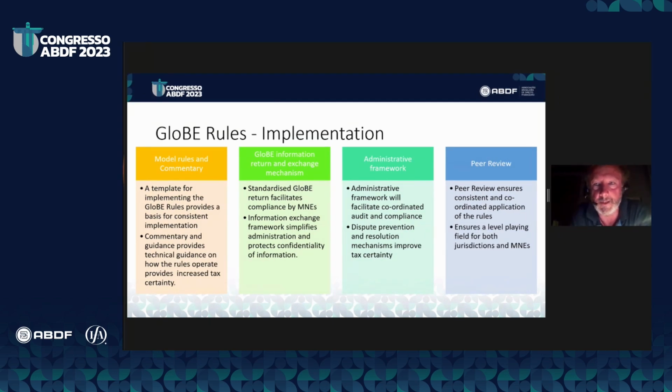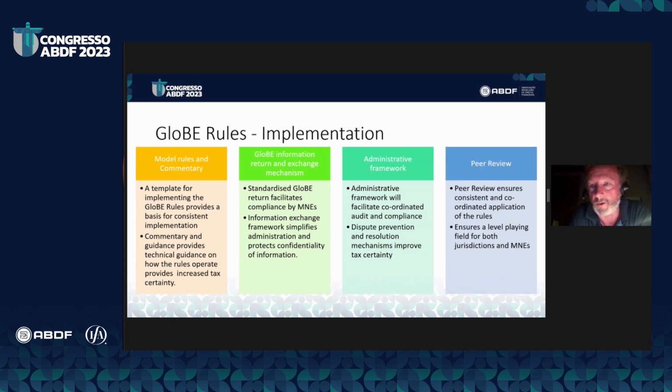That's correct. The other things that we're doing to support implementation is we recently released a draft of the Globe Information Return, which is intended to be a common return that provides for, again, a standardized set of data points based on the tax calculation rules that we have developed.